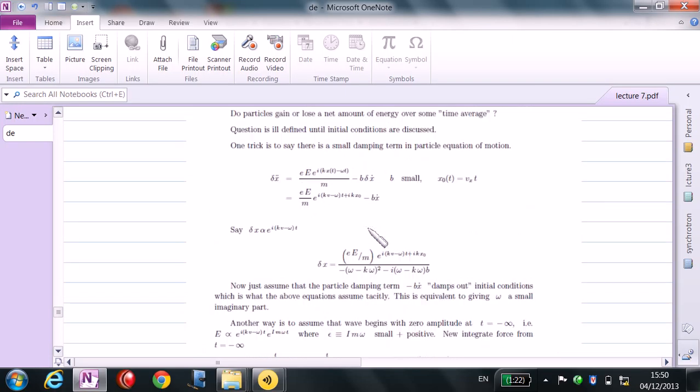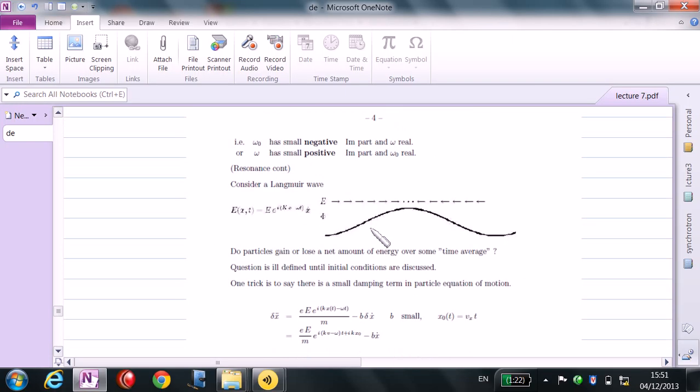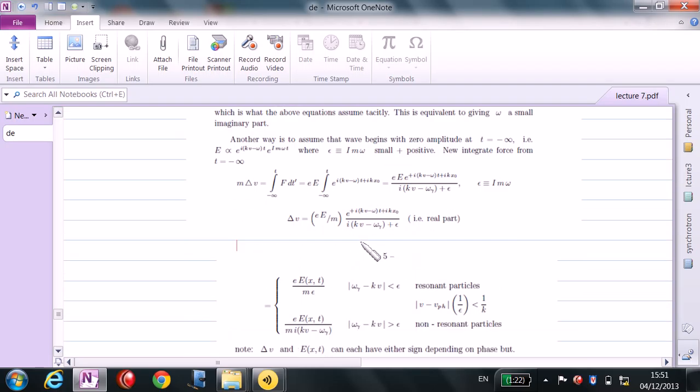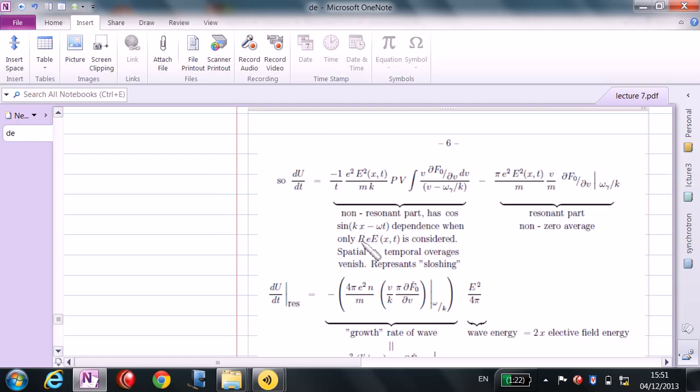Okay, at this point, you can either do what Landau did, or you can do it the way I prefer doing it, because it's a lot easier, which is to just solve the equation, to see what solves the equation, and it's basically algebra. Now, I don't seem to have used the Vlasov equation here.